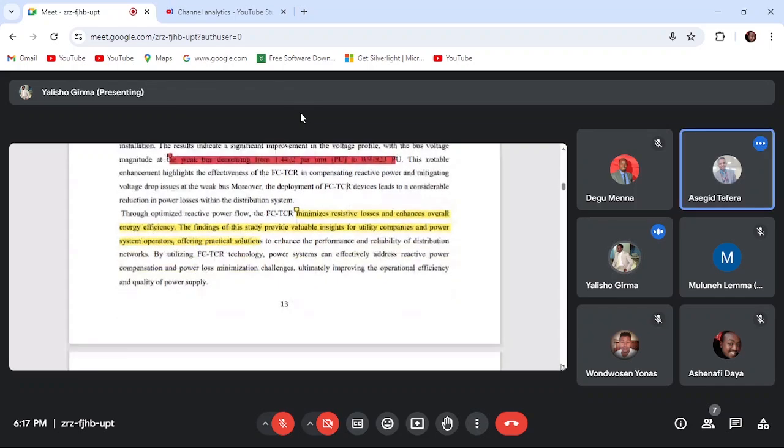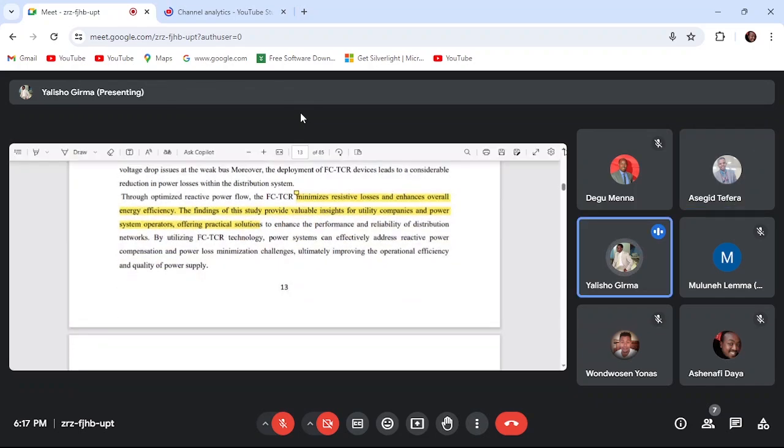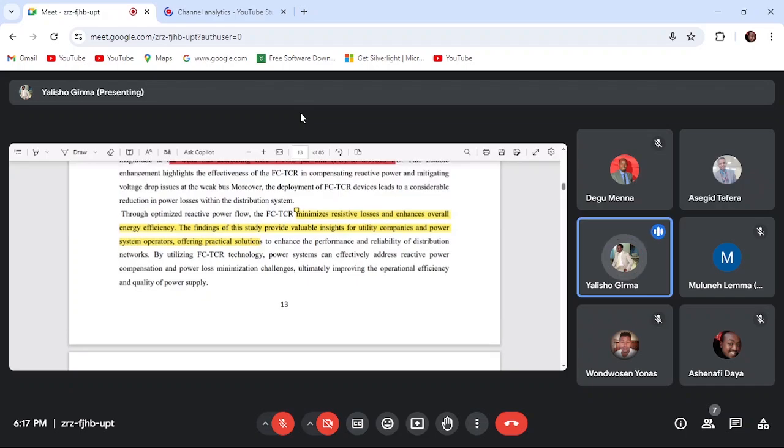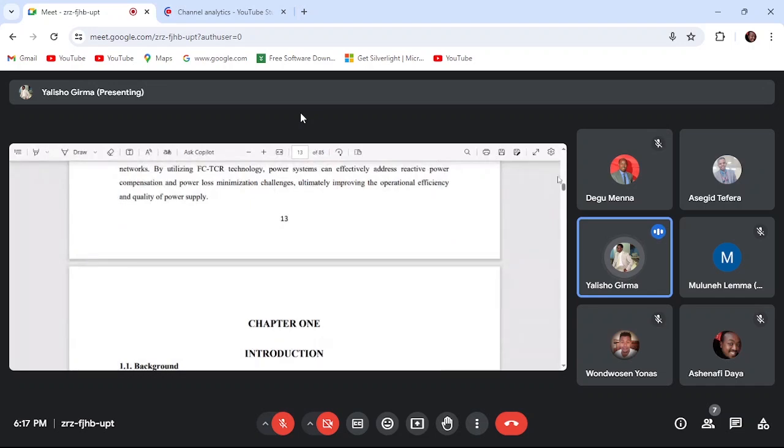You see, the result of this reactive compensation is to upgrade the poor load voltage profiles and also to minimize the losses. If that is the objective, your findings are contrary to the objective of your thesis.